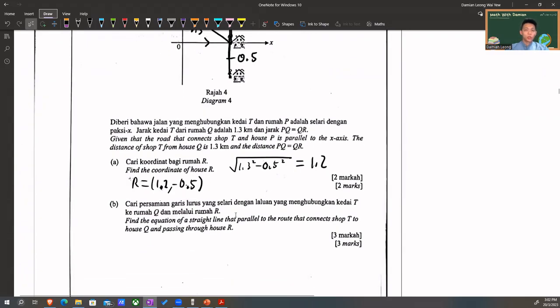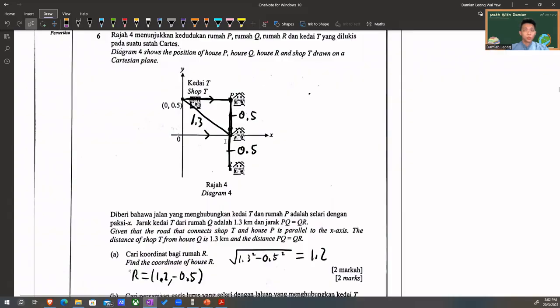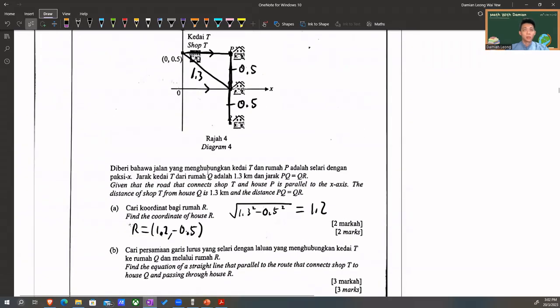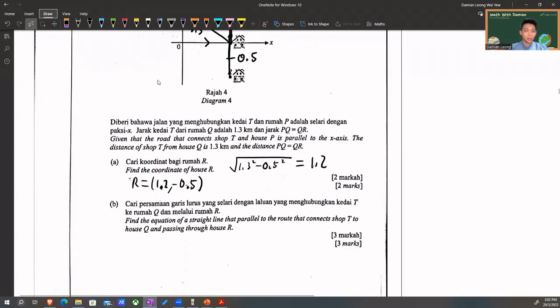So about the equation of straight line parallel to the route that connects T to Q and passing through point R. Parallel to from T to Q. So I know this is 1.2, this is 0.5. So I can find the gradient. The gradient going downwards, so it's negative. Then vertical distance over horizontal distance.